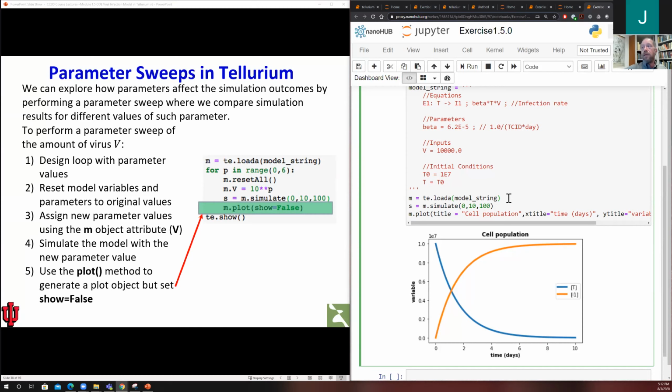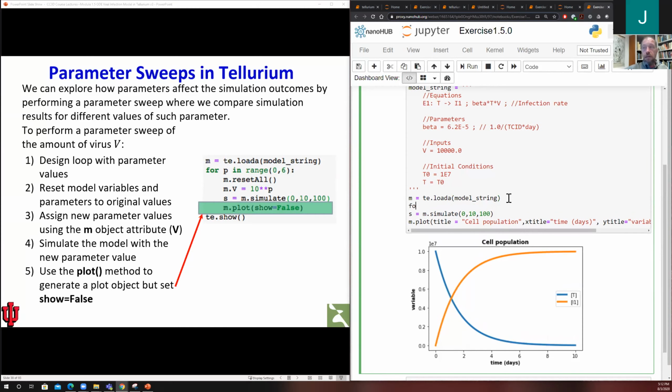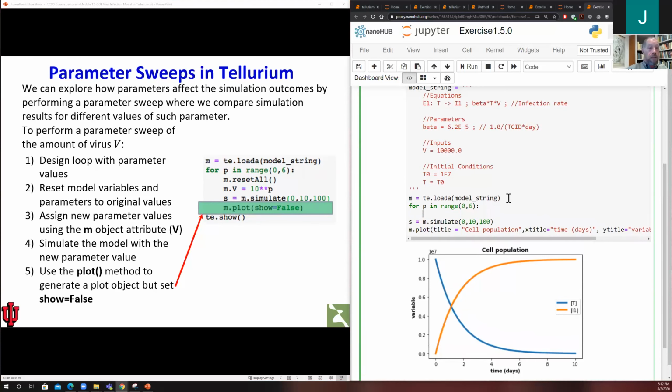So I'm going to take my code here, and I'll copy what I've got typed there: for p in range 0, 6, colon. Remember, Python cares about indentation. Jupyter will automatically indent things properly unless you force it to do something wrong.